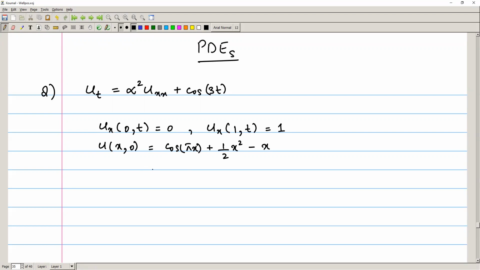All right, so we can see that this is a non-homogeneous heat equation with non-homogeneous boundary conditions.